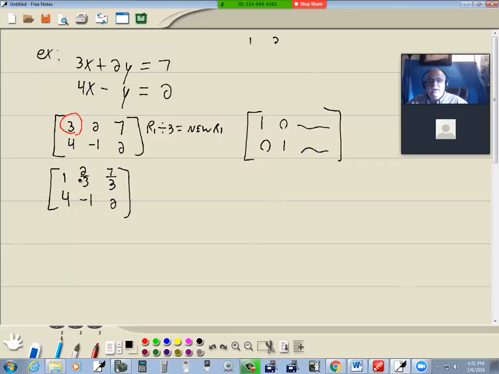Now we've got a 1 here, and we want to work at getting zeros below it. What do you multiply times 1 that you can then add to 4 to give you a 0 here? -4. So we'll take -4 times row 1 and add that to row 2 to give us our new row 2. It'll always be the opposite number: if this is a +4, it'll always be a -4.